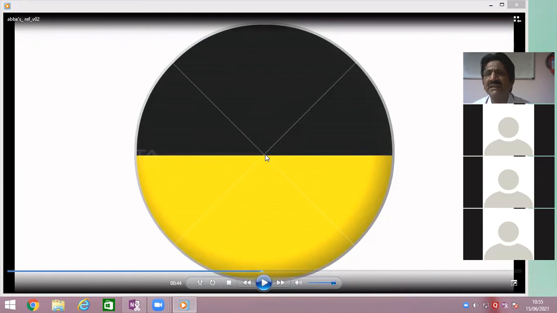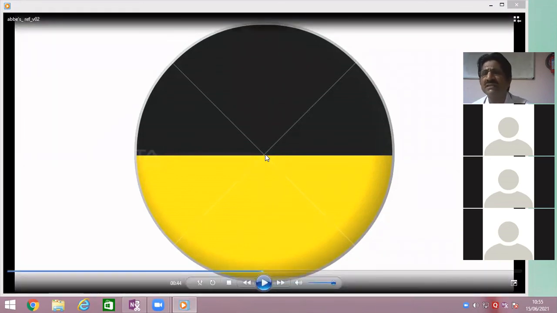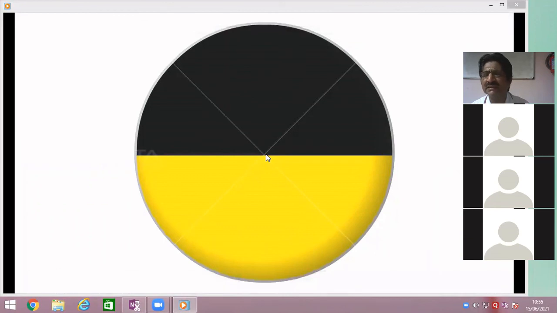This visibility is possible only at one particular angle. If you move here and there, you can't see it. Only at one particular angle, that is what we call the grazing incidence, can you see this type of image in the telescope.